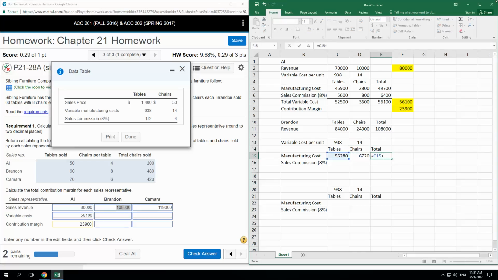And you can add those across. We don't need that there. Then sales commission will be 8% of revenue, so I'm just taking the revenue figure and multiplying by 8%. We could either add across or multiply by 8%. If I add my two variable costs, that would be my total variable cost.